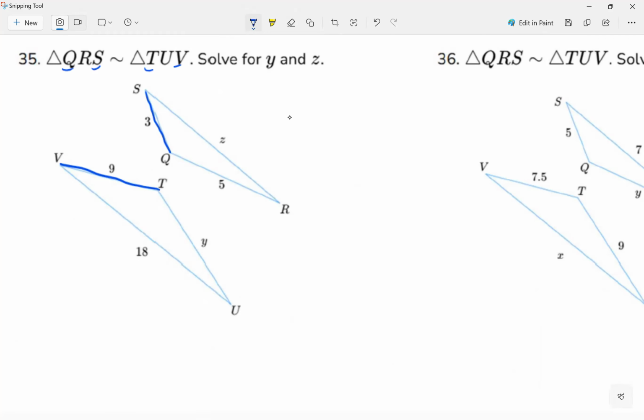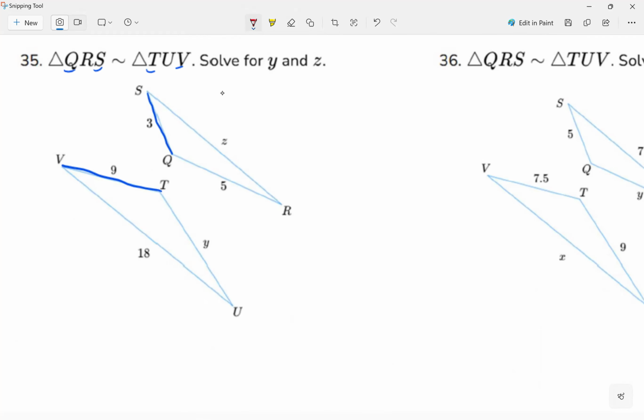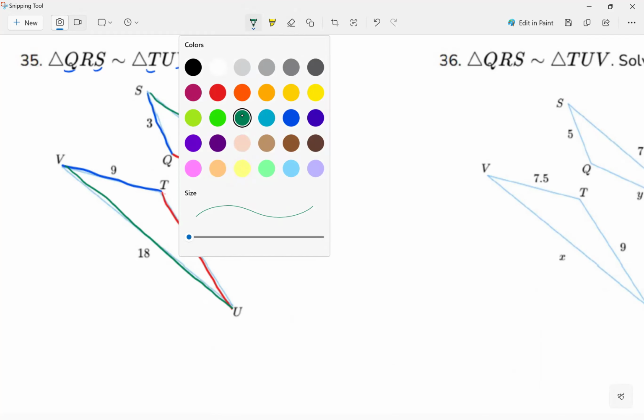So 3 is corresponding with 9. QR, the first two letters, is corresponding with TU. And the side SR is corresponding with the side VU. Again, I use the color code so we can see them.